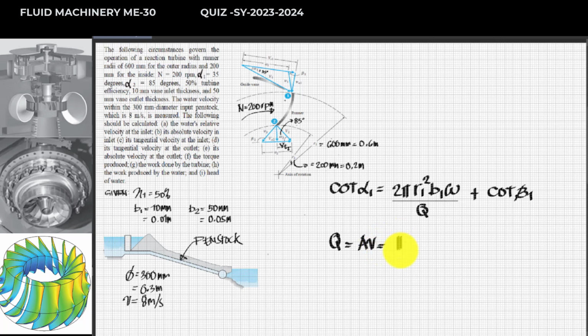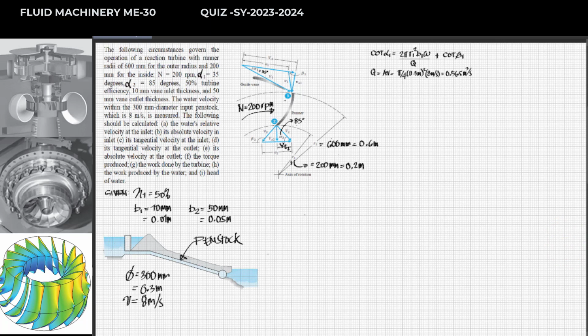Since the penstock is circular, this will be pi over 4 times the diameter, given as 0.3, squared, times the velocity of the water at the penstock, which is 8 meters per second. Pressing my calculator, the value of this is 0.565 cubic meters per second.